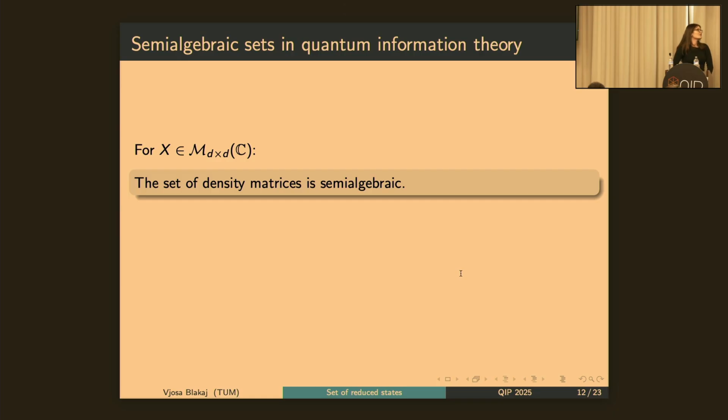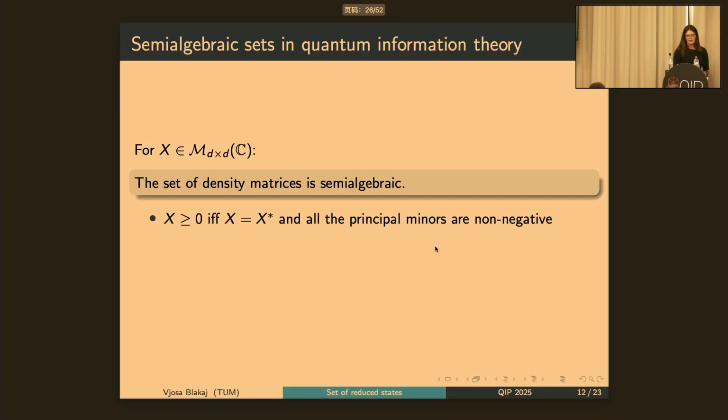I wanted to mention that because most parts of quantum information theory are defined in finite dimensional vector spaces, we can find semi-algebraic sets almost everywhere in quantum information theory. And the one example I wanted to mention is the set of density matrices. Why so?